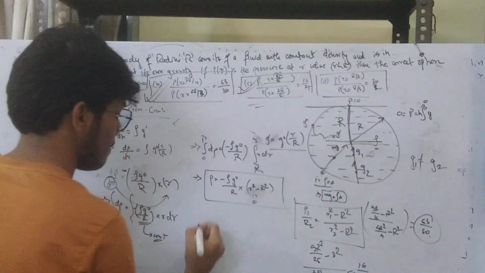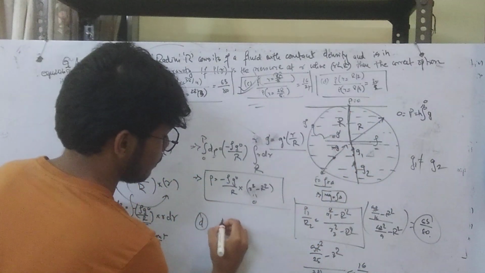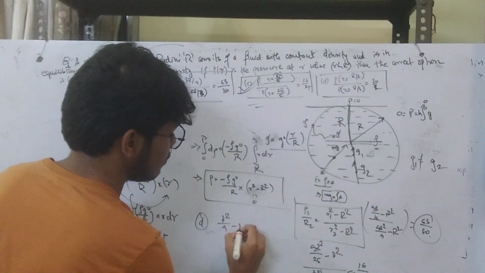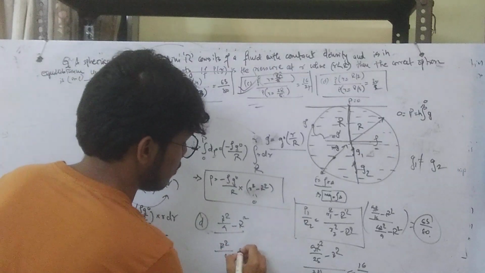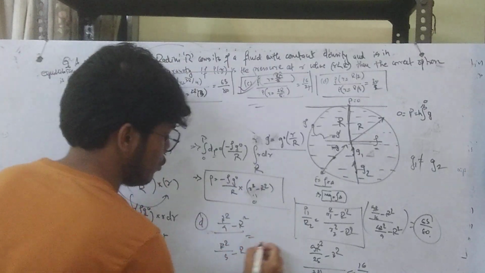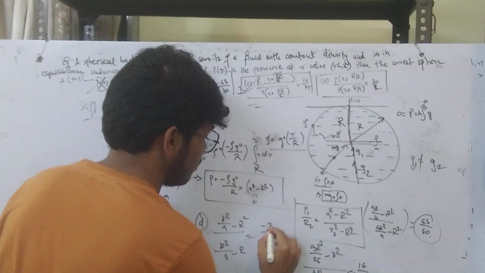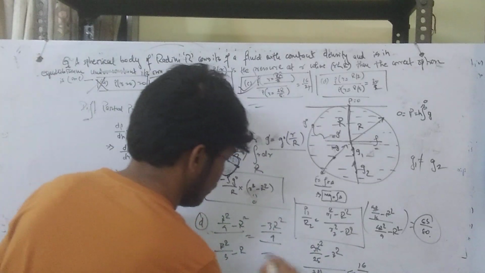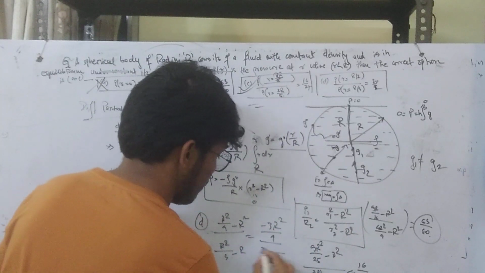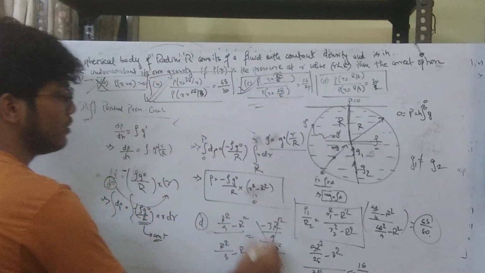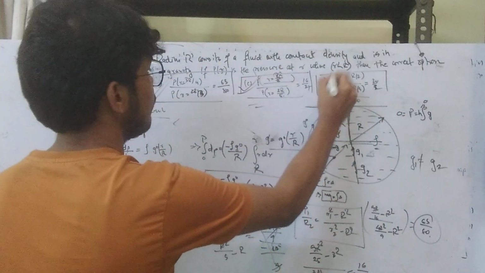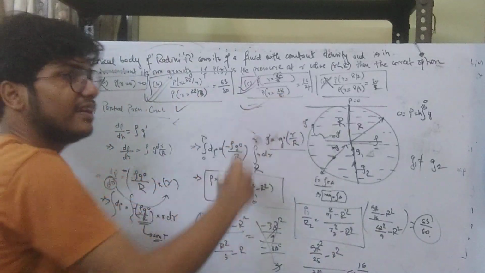And let's check for D. R square by 4 minus R square by R square by 9 minus R square. It will be 4 minus 3... 9 minus 8. No, it's not coming. So this is the wrong option. So B and C are the correct options.